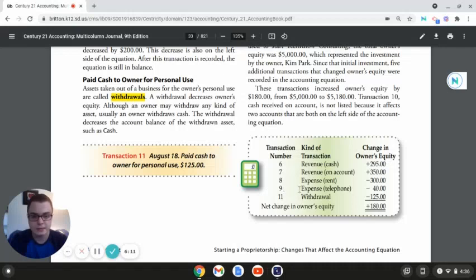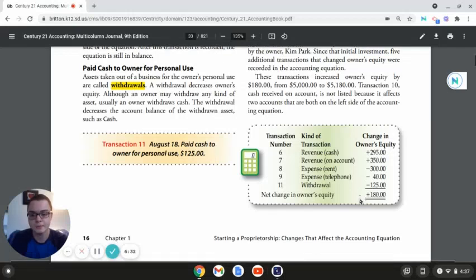Transaction number 9 is an expense transaction for telephone, so we deducted $40. And transaction number 11 was a withdrawal transaction, so we deducted $125, and the net change in owner's equity is $180.